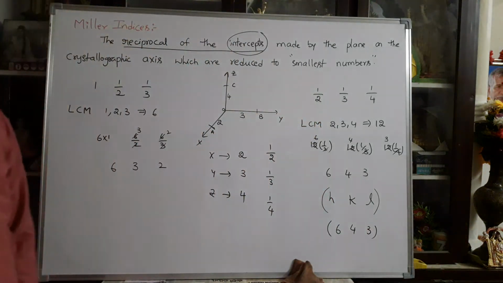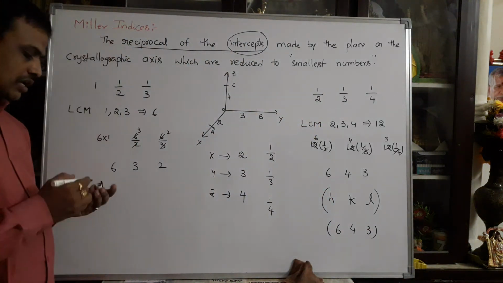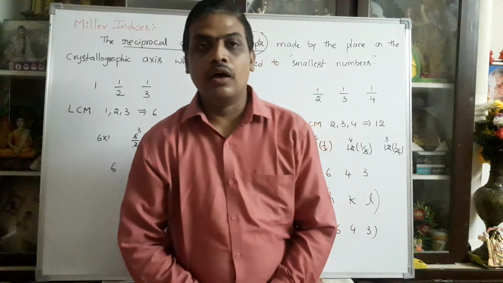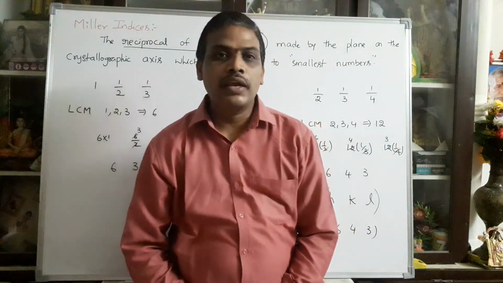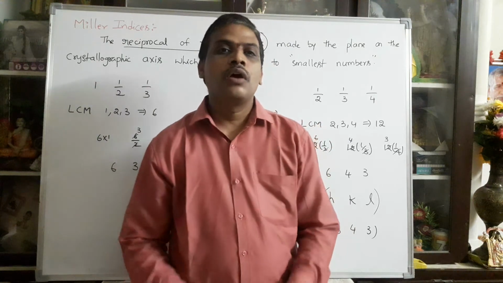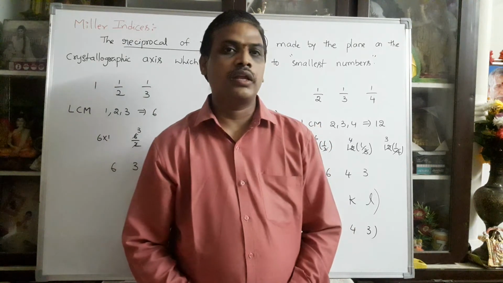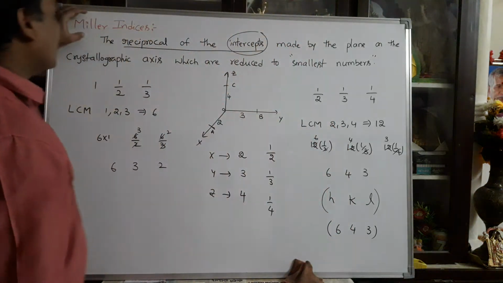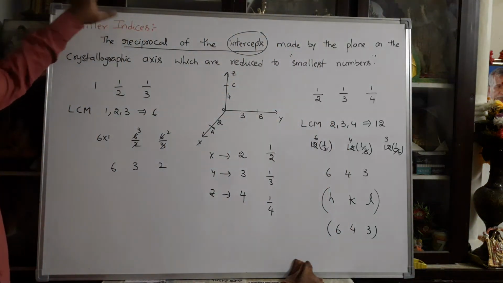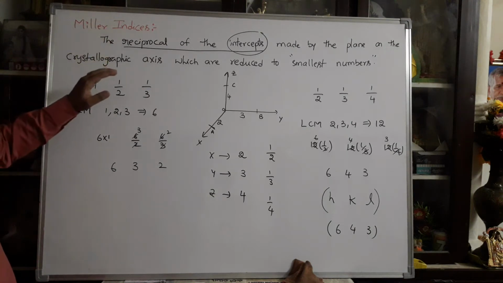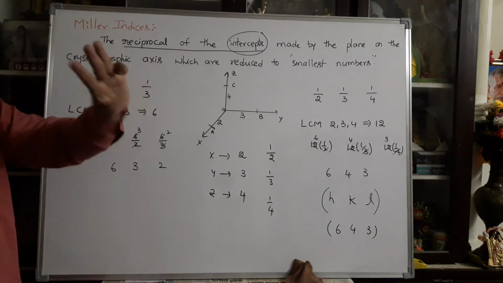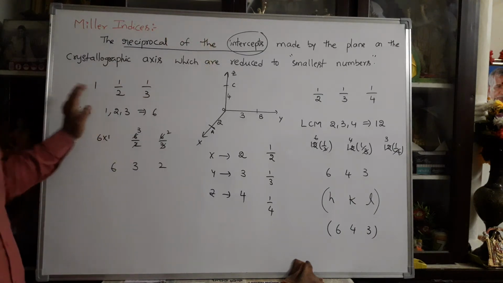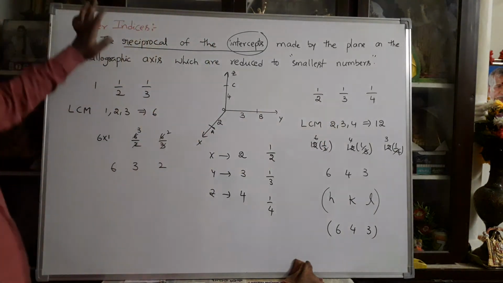These Miller indices are used to identify lattice planes, especially space lattice planes. The lattice planes are indicated using Miller indices. How many integers are there? Only 3, along the x direction, y direction and z direction. That is the basic introduction to Miller indices.